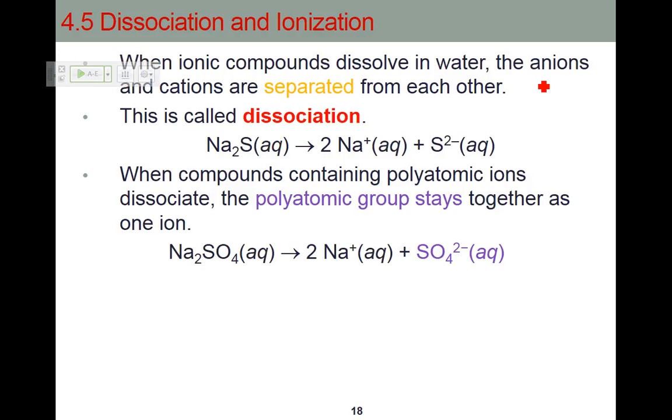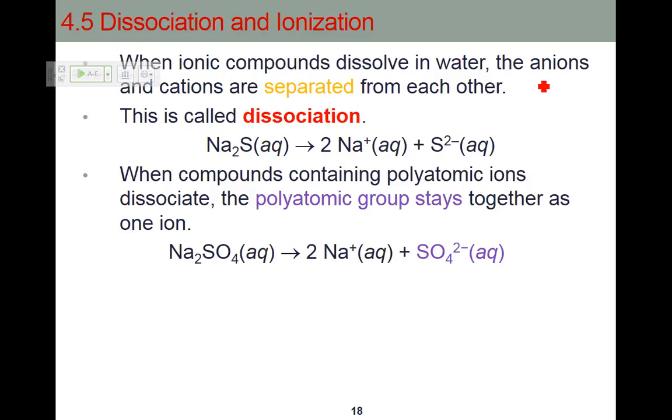So when it dissolves, we're going to form Na plus, of course, which is +1 based on where it is in the periodic table, and we're going to form SO4 2-. We're not going to form S2- and O2- because dissolving is not breaking those covalent bonds between sulfur and oxygen in the polyatomic ion. We're just breaking apart the SO4 2- anion and the cation.